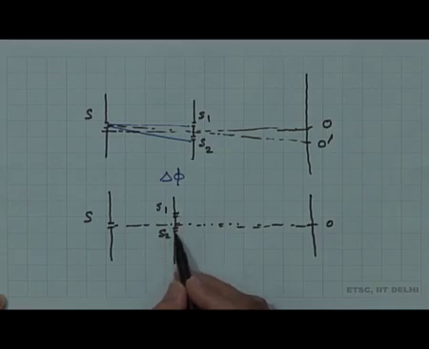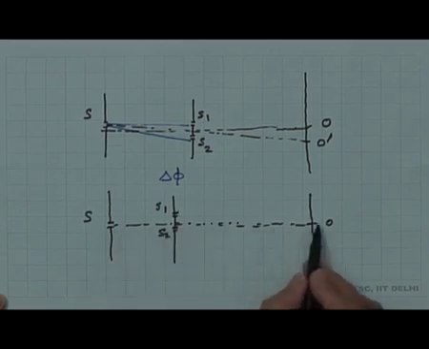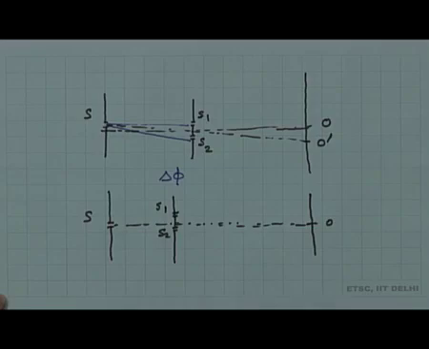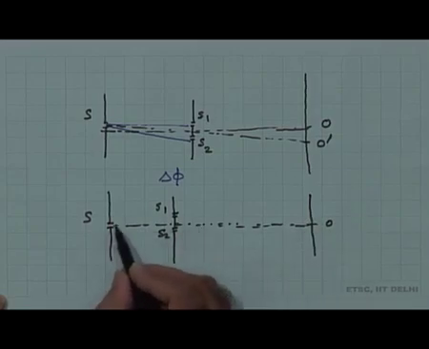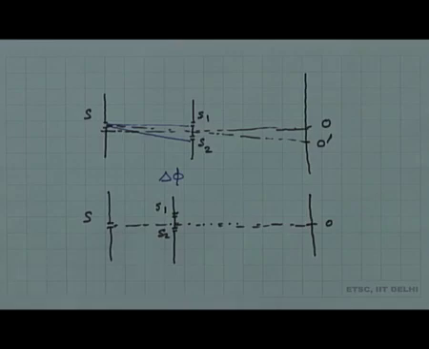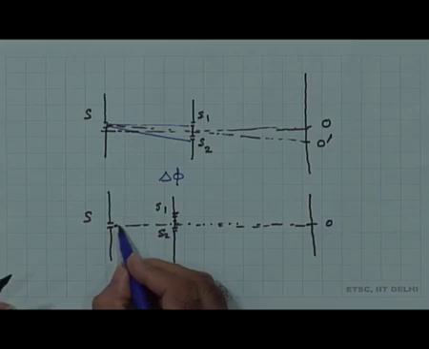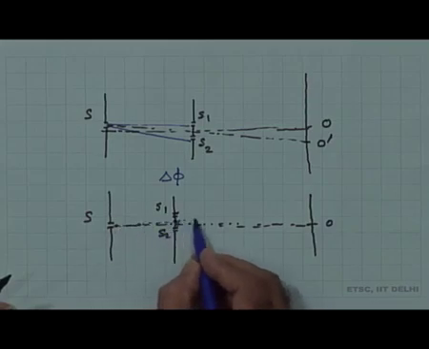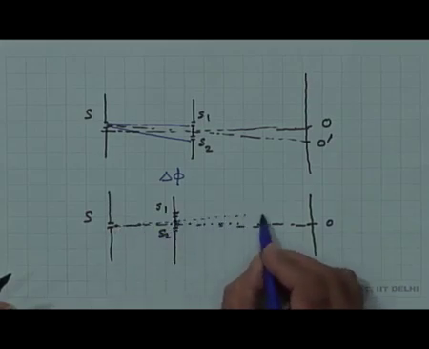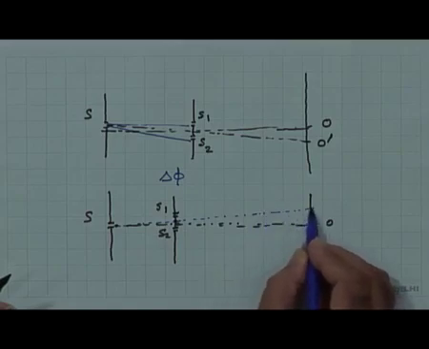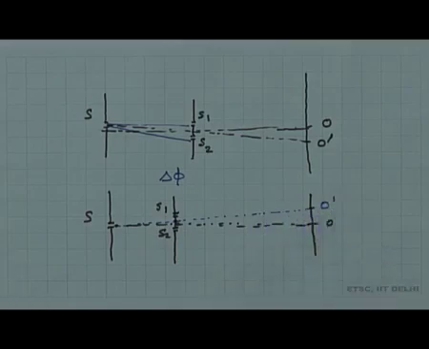Then also we would have a fringe shift. The midpoint between the two slits is here, and therefore the central fringe would have shifted to a point O dash which is here. So in both cases we expect a fringe shift.